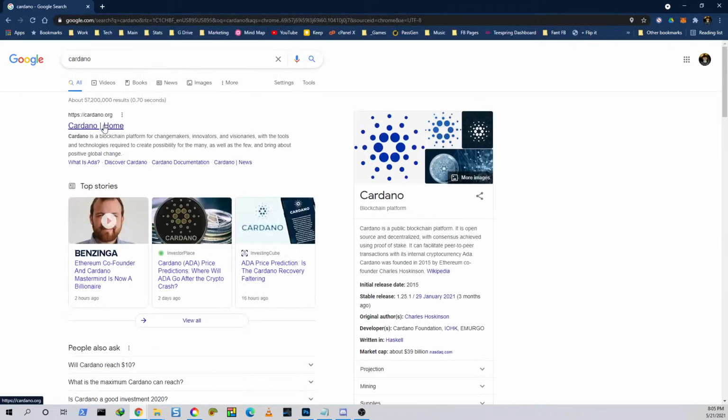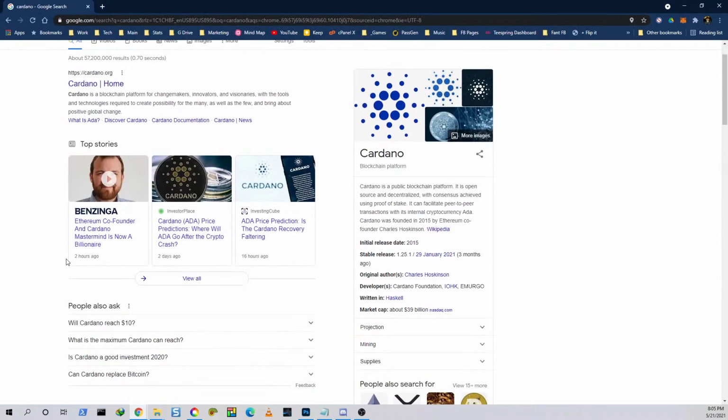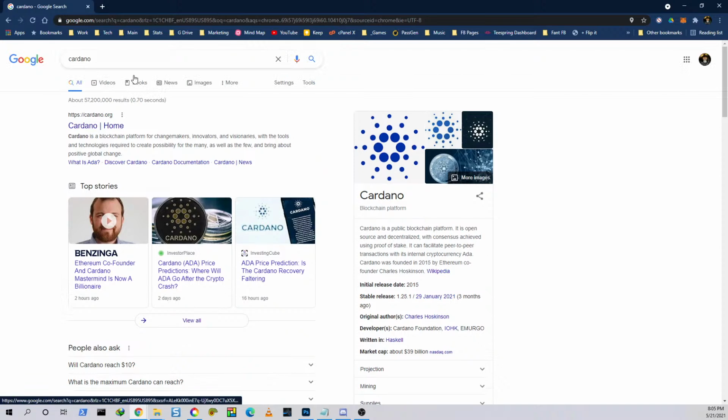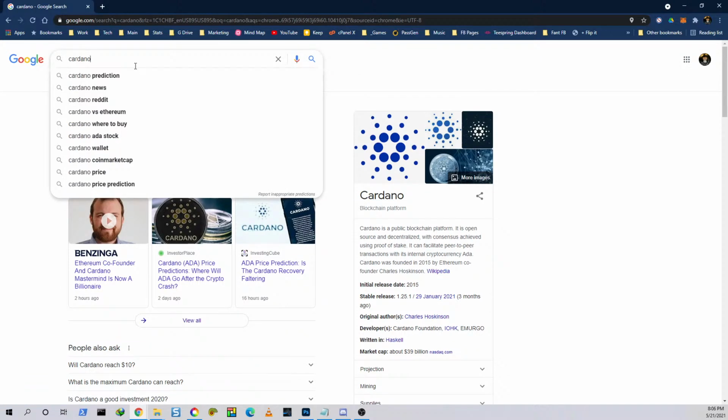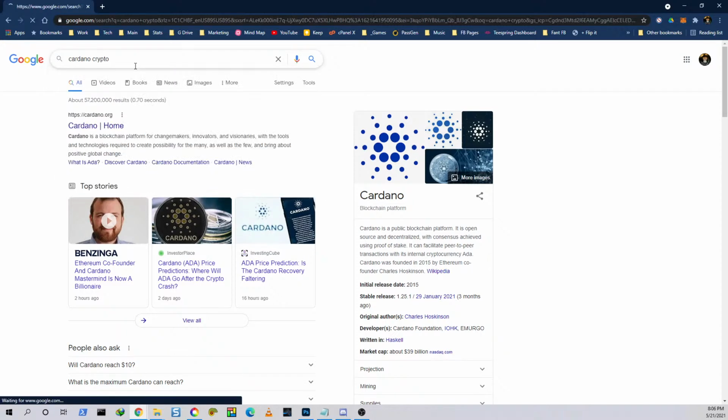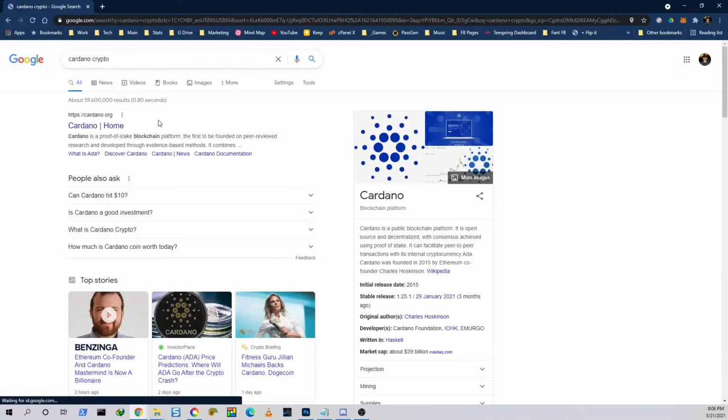Can I spell? Yes, I can. So when you just type up the name, especially if you don't know what cryptocurrency you want to deal with yet, type in the name of it, or crypto, just in case, because some company tickers or names might be actual companies on the market. Okay, so Cardano.